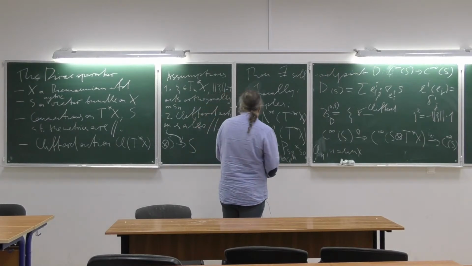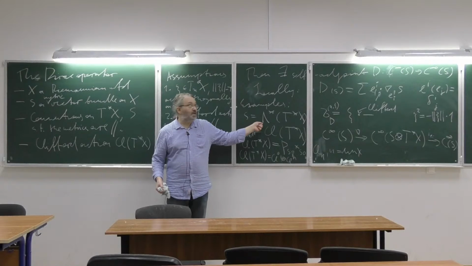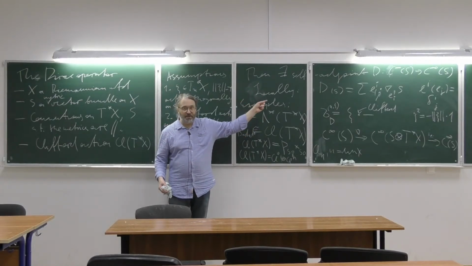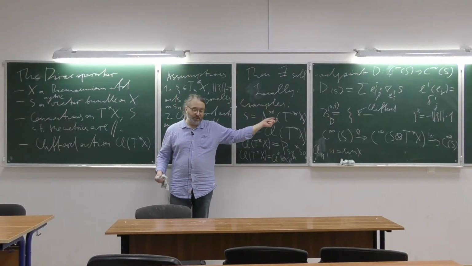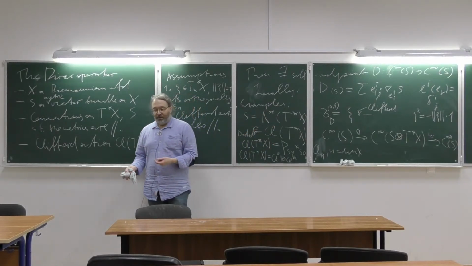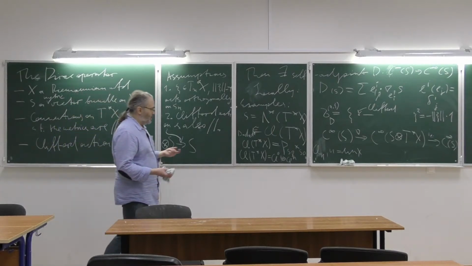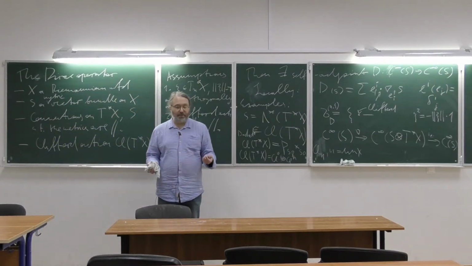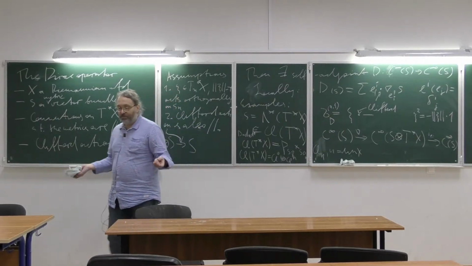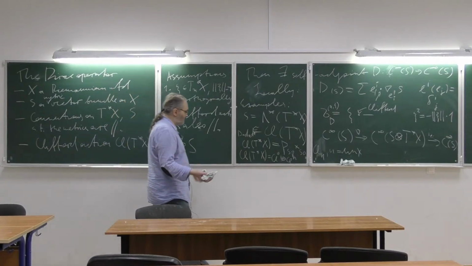But otherwise, the bundle is the same, but the even-odd splitting is different, and we get another operator which also has an interesting index, but the index will be different. It will no longer be the Euler characteristic; it will be the signature.